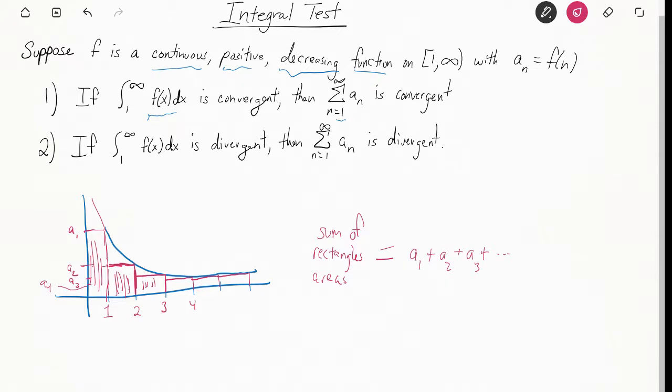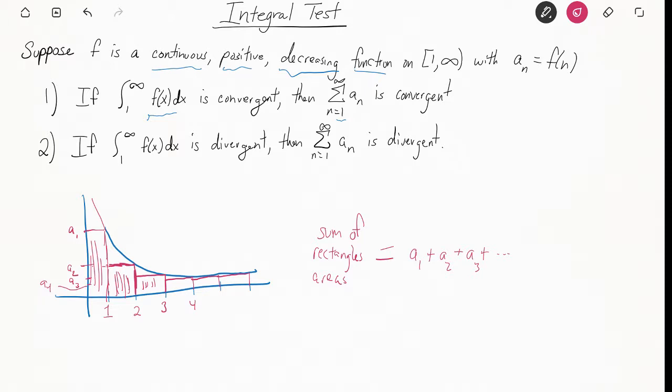So if this integral converges, what would that mean? Well, that means that the sum of all the rectangles converges, because you're always adding a positive number and it's bounded above, increasing towards that number, and so you can get a good approximation. So that's the reason the convergent case works.